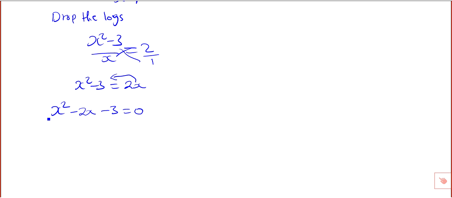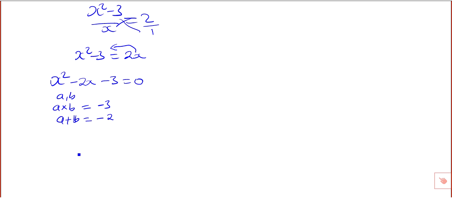The coefficient of x squared here is 1. So I'm looking for two numbers, a and b, such that if I multiply a times b, I get the product of the coefficient of x squared and negative 3, which is negative 3. And if I add these two values, it will give me negative 2, the coefficient of x.